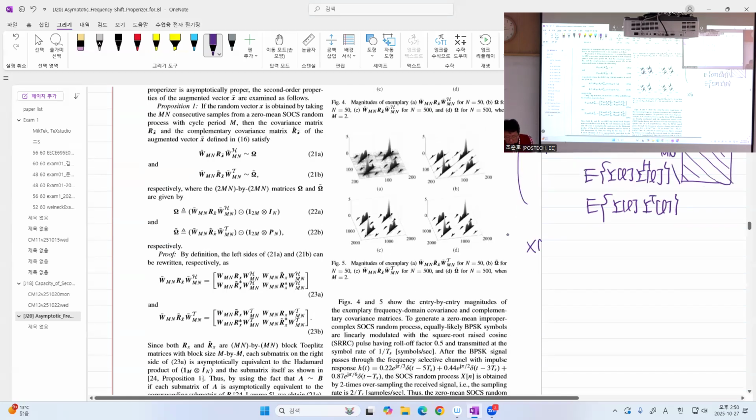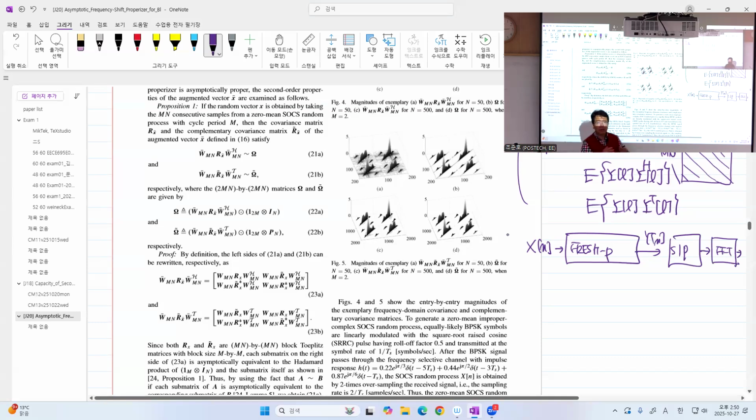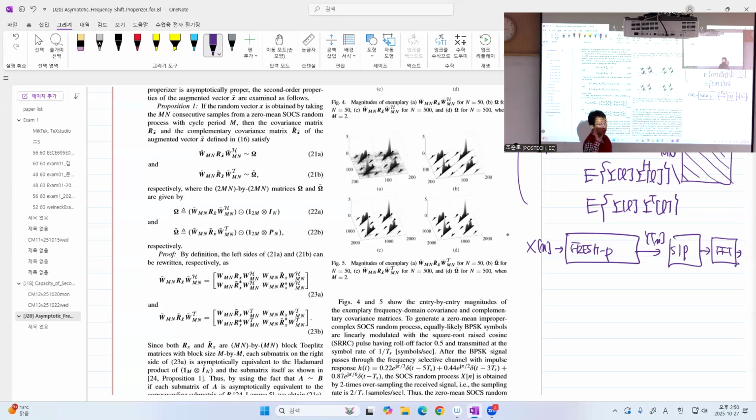We have x of n, and here goes the fresh properizer, and we have y of n. Then we have serial to parallel conversion, and then we have FFT. Then we have a properized signal here. So we only need the ordinary autocorrelation of these vectors.